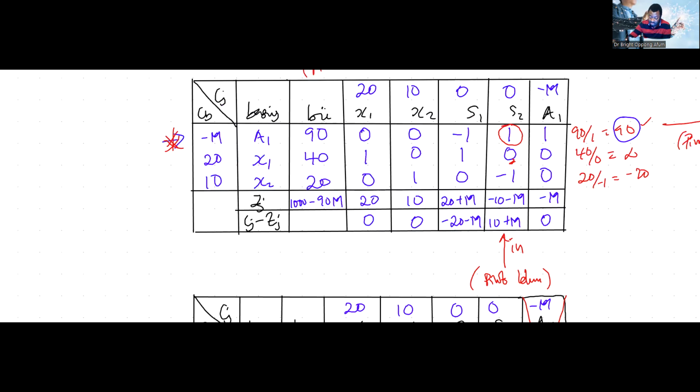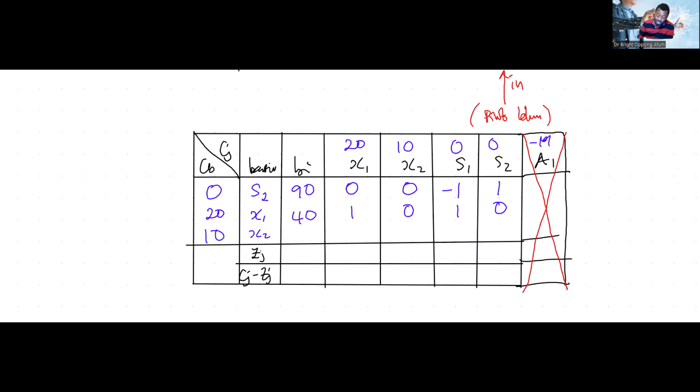And here is negative 1. If it's negative 1, then all the numbers will add to the next. So 90 plus the old number was 20. So that will be 110, right? So we have 0 here, we have 1, we have negative 1, and we have 0.